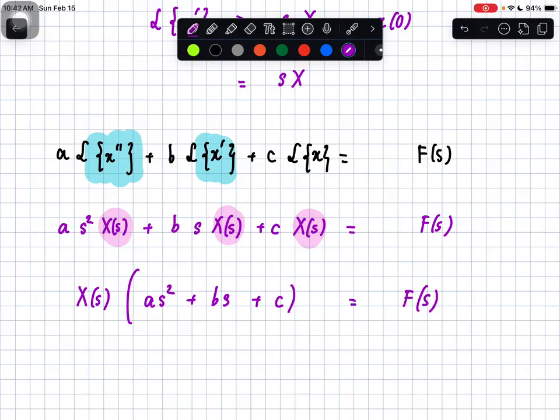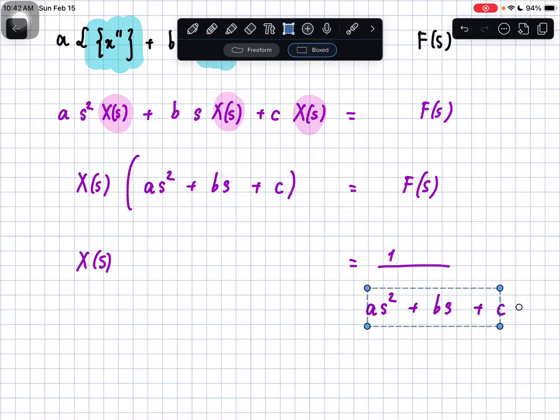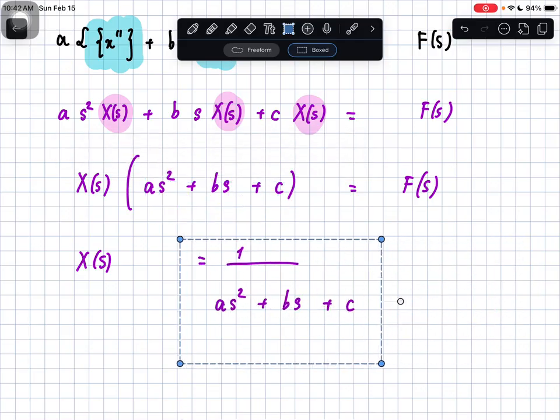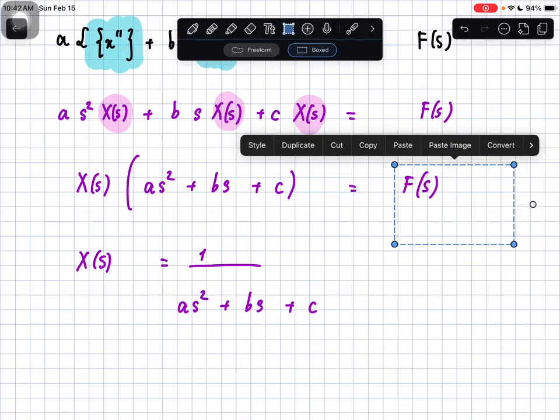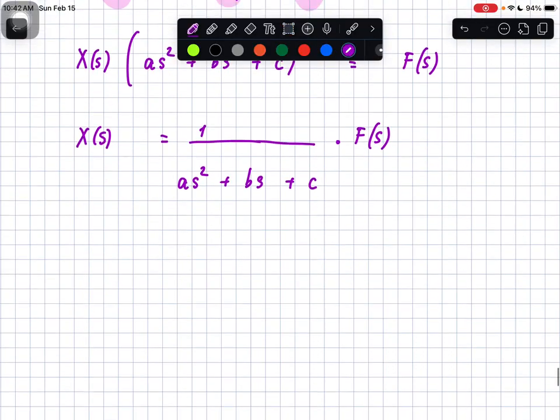Now you have big X of s is 1 over this one times big F of s. And all we need to do is this function small x of t is the inverse transform of big X of s. So inverse transform this product.